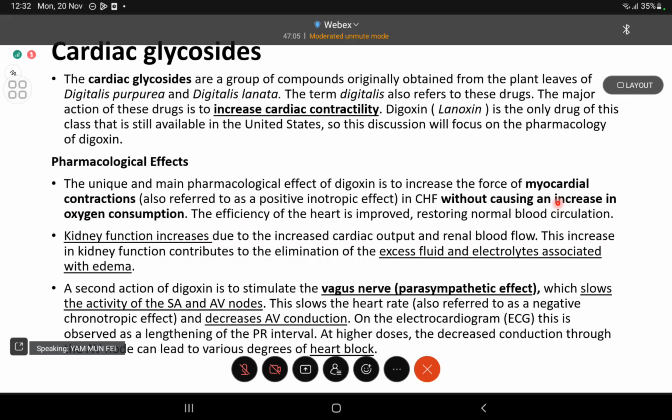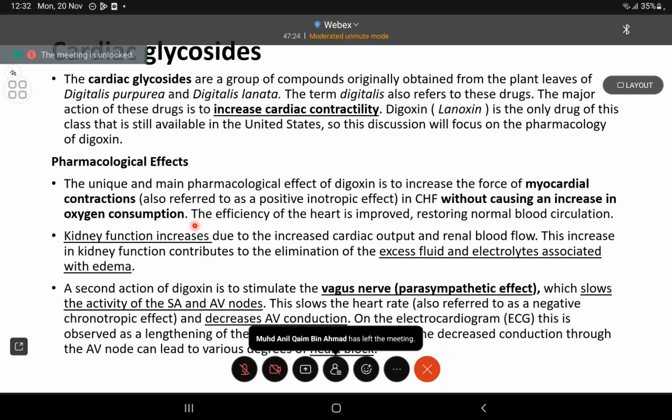By doing so, you do not need extra oxygen for the pumping compared to before using the drug. That's why we say it is without an increase in oxygen consumption. By doing so, the performance of your heart will be improved.